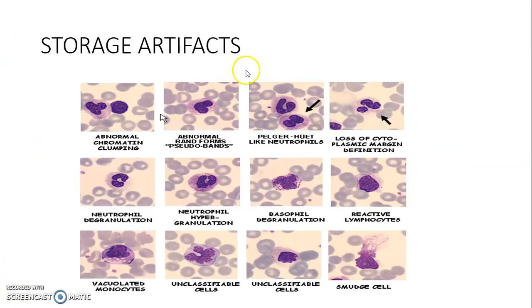The storage artifacts caused by EDTA are: abnormal chromatin clumping, abnormal band forms or pseudobands, Pelger-Huet-like neutrophils, loss of cytoplasmic margin definition, neutrophil degranulation, neutrophil hypergranulation, basophil degranulation, and reactive lymphocytes.